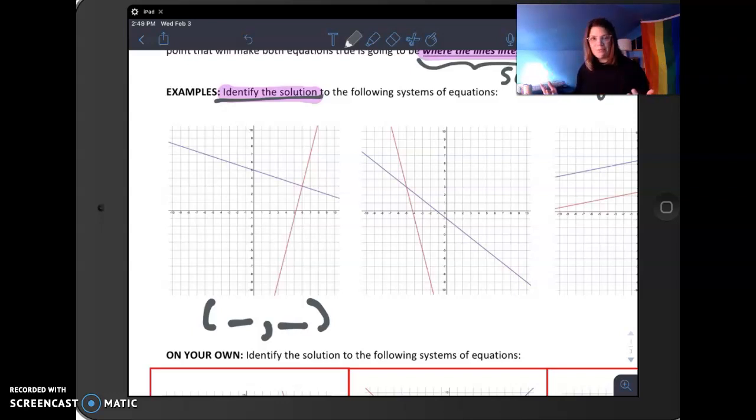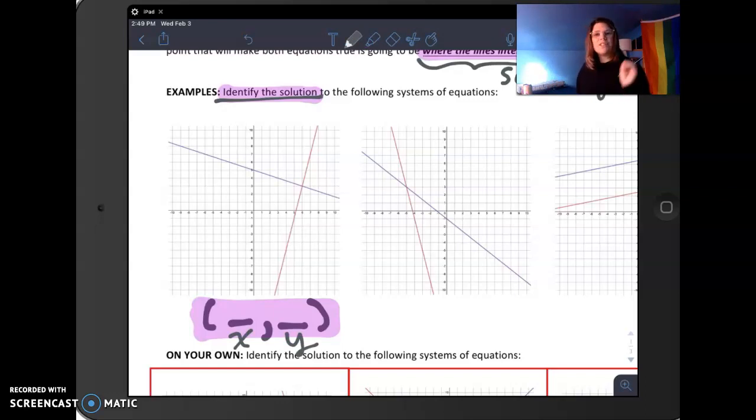We're going to do the same thing this semester, but whenever we see something that says find the solution or identify the solution, we're going to stop and we're going to come down and we're going to make a little spot to put a point. And that is parenthesis, blank, comma, parenthesis, blank, and then another parenthesis. And we're going to put in our x value and our y value here.